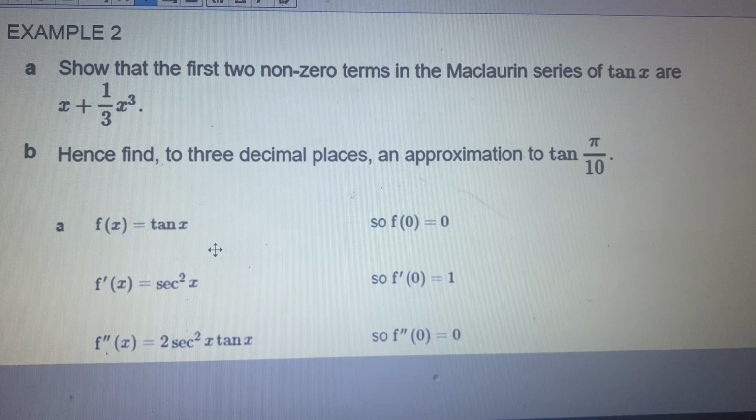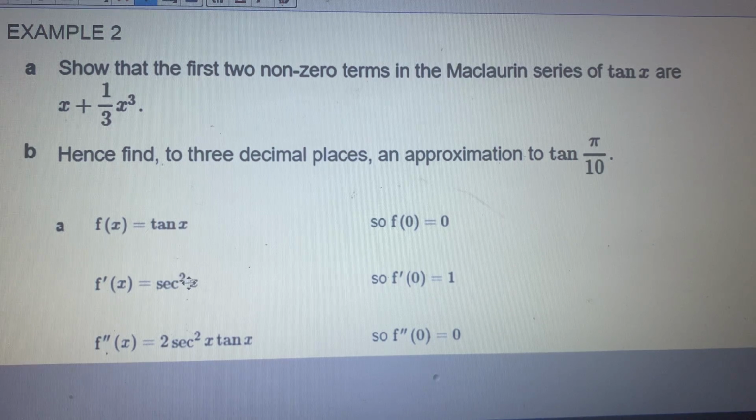f double dashed. So now you're going to differentiate this using the chain rule. I know you've done this with Mrs. Reed in normal maths, the lesson that she did.